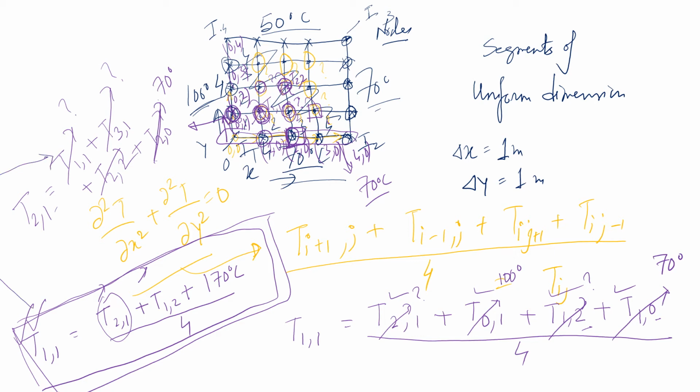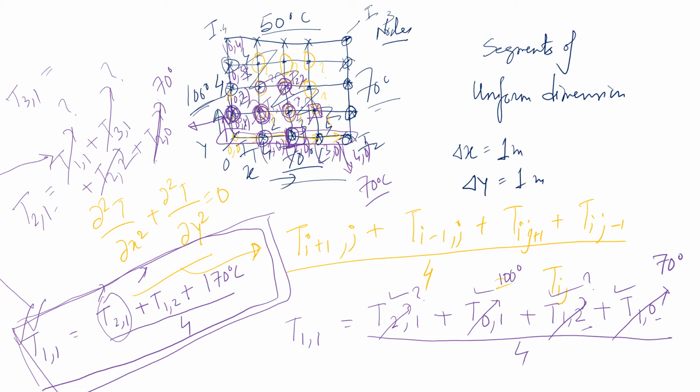Now similarly, if you try to find out the temperature at this point, that means we have calculated T11, then T21. Now you calculate T31. There also you will find an equation with some values available, but some values are not available.